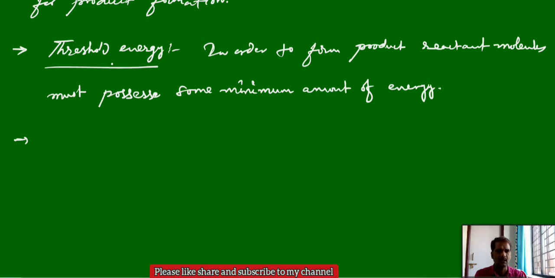to convert those normal molecules into product, we have to supply some sufficient energy to get this minimum threshold energy. The extra energy needed to get this threshold energy is called activation energy.